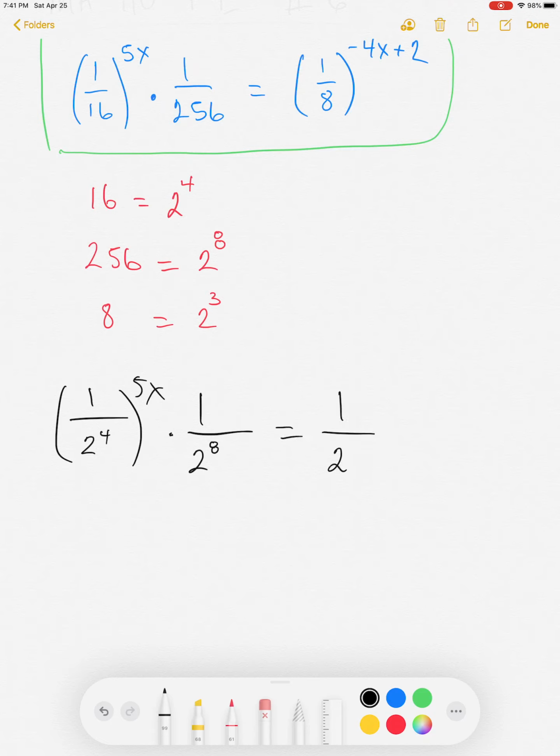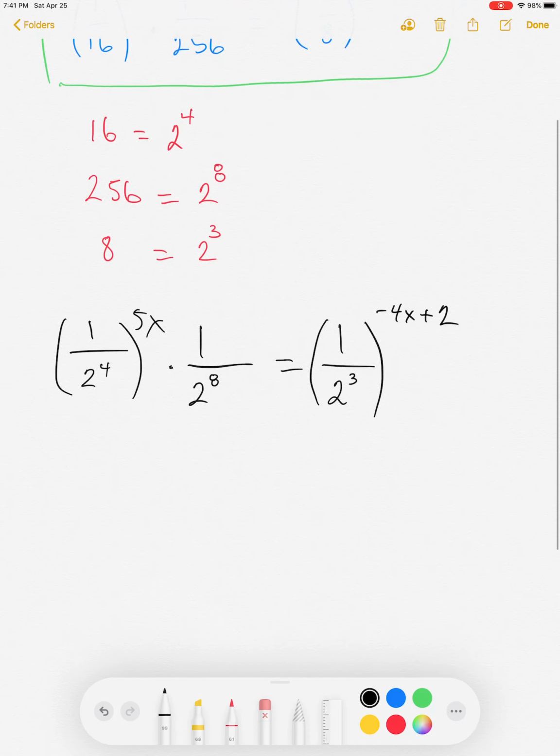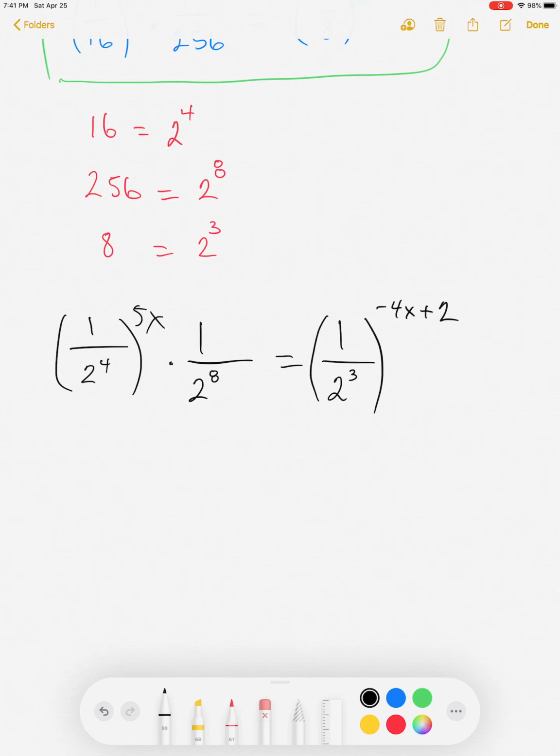But 8 is the same as 2 to the 3rd, and that's all being raised to minus 4x plus 2. So now the reason I've done that is I have a common base of 2 on each of these. And so because of that, I can say that this is 1 over 2, the whole thing raised to the 4th times 5x.